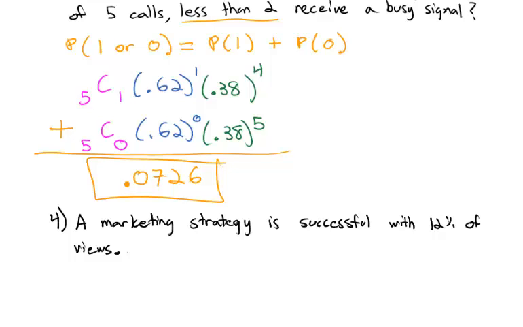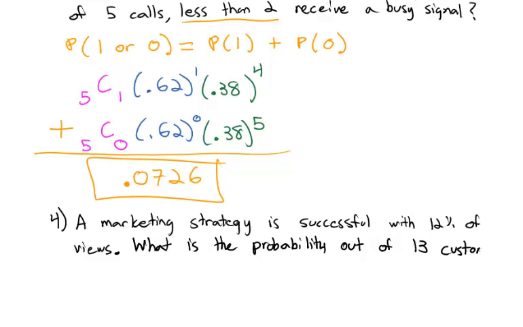We're going to try and sell to them 12% of the time. So what is the probability that out of 13 customers, more than 2 click the banner?